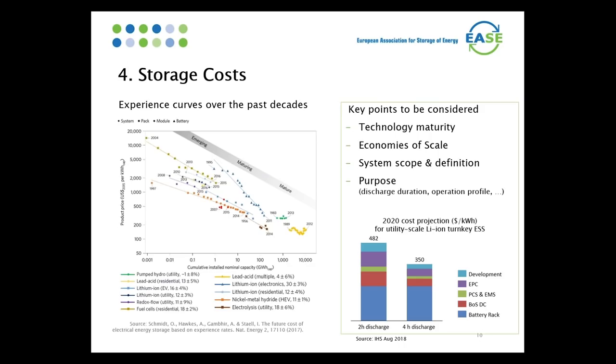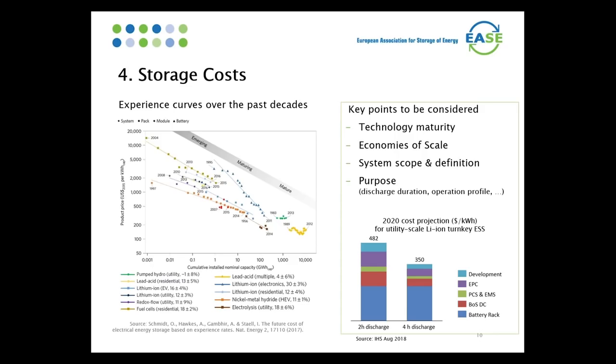A single lithium-ion battery for an electronic device is not the same thing as a pack for an electric vehicle, which is a DC battery pack, and which is again not the same scope as an AC to AC turnkey energy storage system for stationary purposes, which includes a number of other devices. And of course, the purpose as such is to be looked at, whether we have seconds, minutes, hours, or weeks of energy storage, of course, has an impact on pricing.